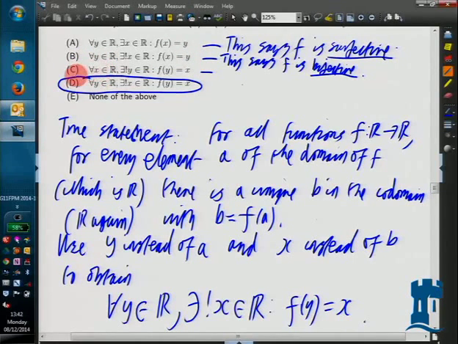Let's have a look at statement C. This time it says for all x in R, there's a unique y in R with f of y equals x. But I've just swapped x and y over by the look of it. I don't remember that I planned to do that, but it seems I've just swapped x and y in B, so this means the same thing as B, so it says that f is bijective again.